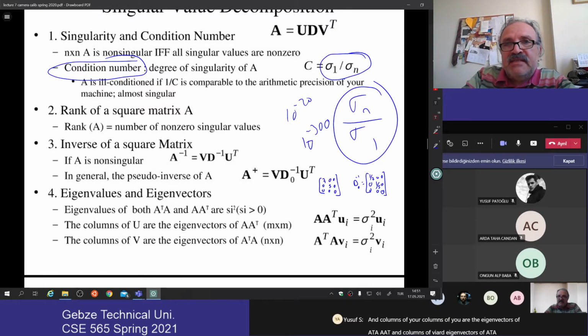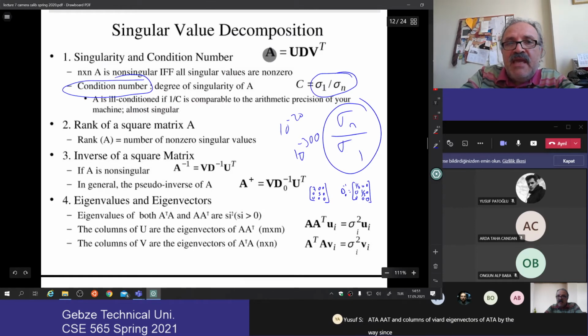By the way, since A is an M by N matrix, AAT is an M by M matrix, and ATA is an N by N matrix.